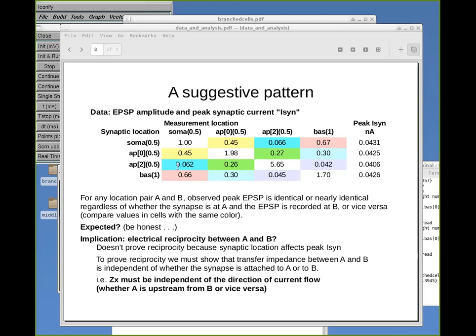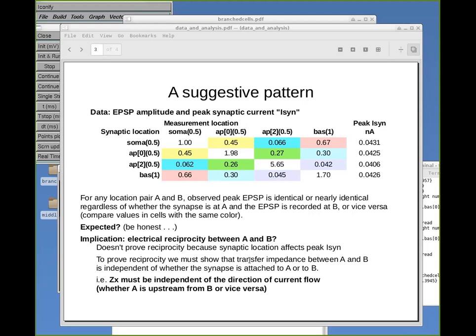So this difference when apical 2 is upstream versus when soma is upstream might be due to the fact that when apical 2 is upstream, less charge is getting into the cell. If less charge gets into the cell because there's less driving force, then the soma EPSP is going to be smaller than when the soma is upstream and apical 2 is downstream.